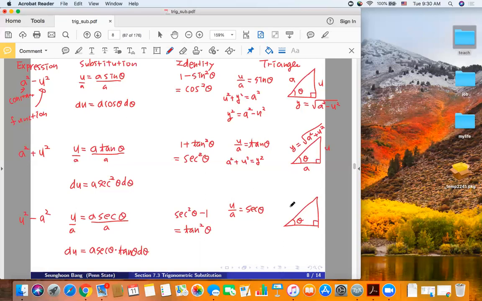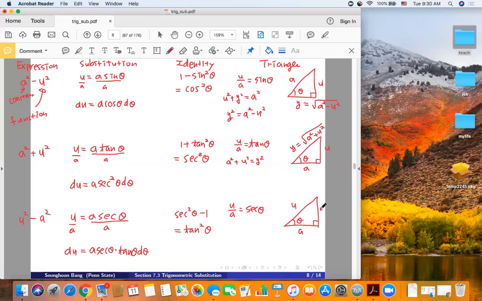The secant theta is the reciprocal: hypotenuse over adjacent. So we have hypotenuse over adjacent, exactly u over a.